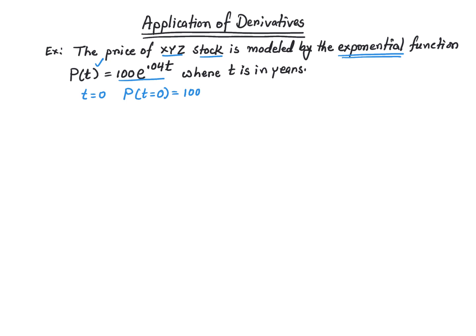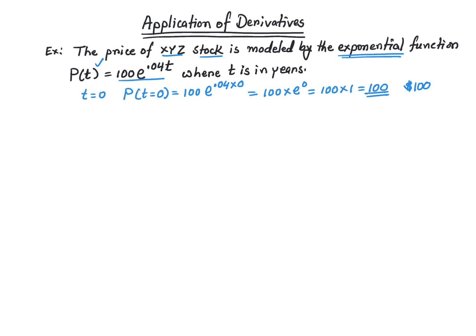It's going to be 100 times e to the power 0.04 times 0. Because t is equal to 0, that is 100 times e to the power 0, and e to the power 0 is 1, so that gives you 100. So the current price of the stock is $100.